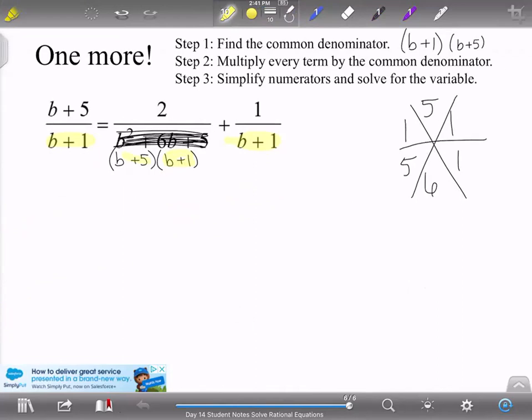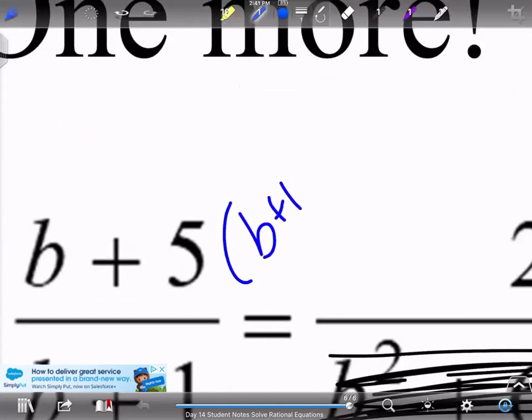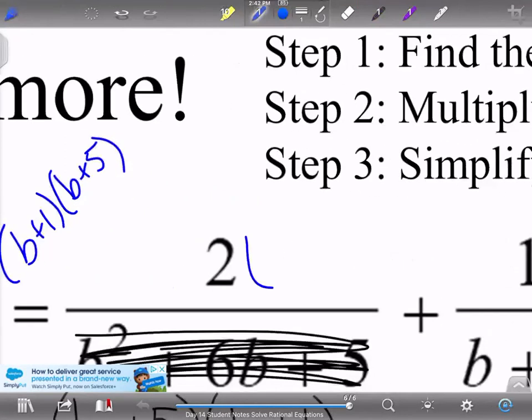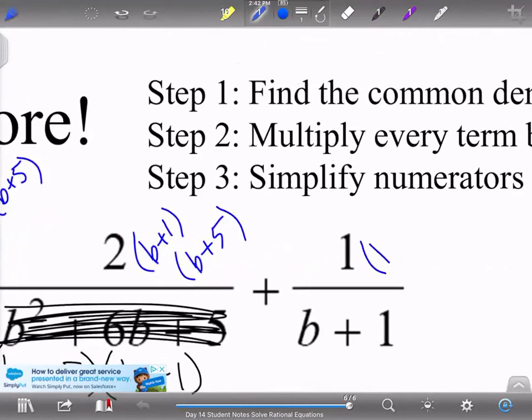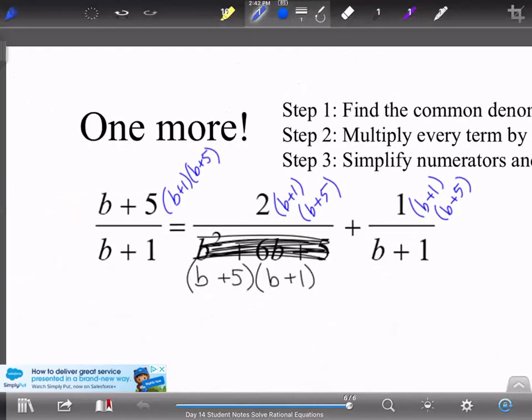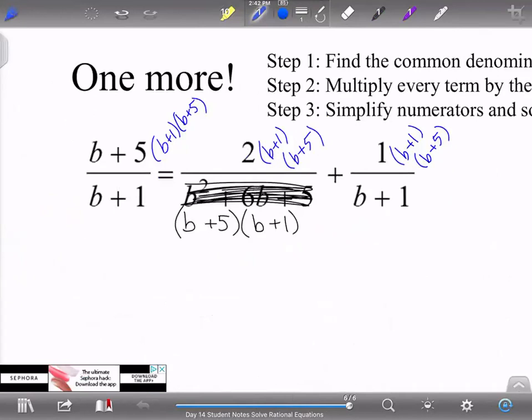So I'm going to multiply every single fraction by b plus 1 times b plus 5. Just like that there.